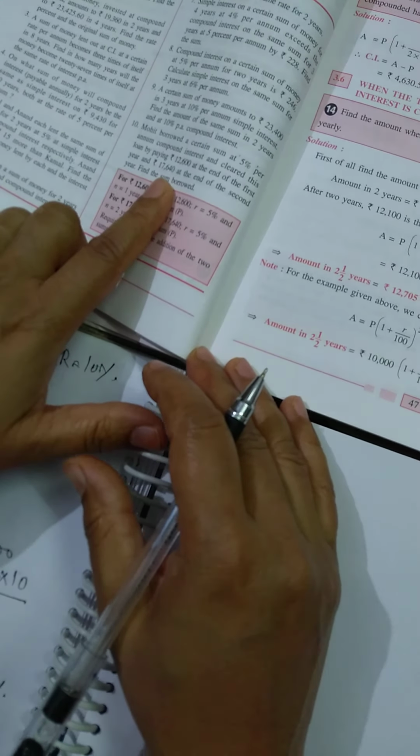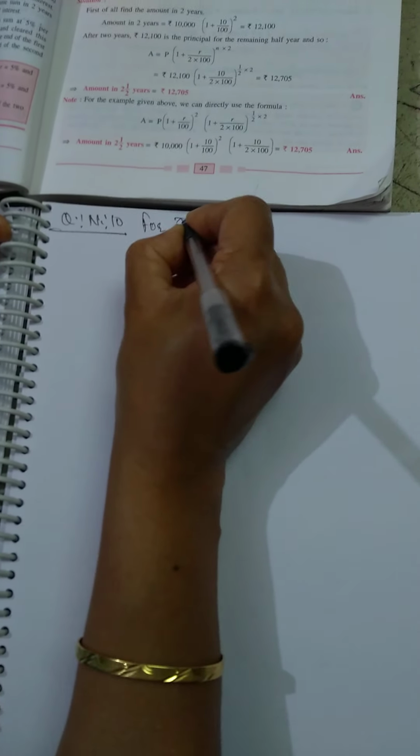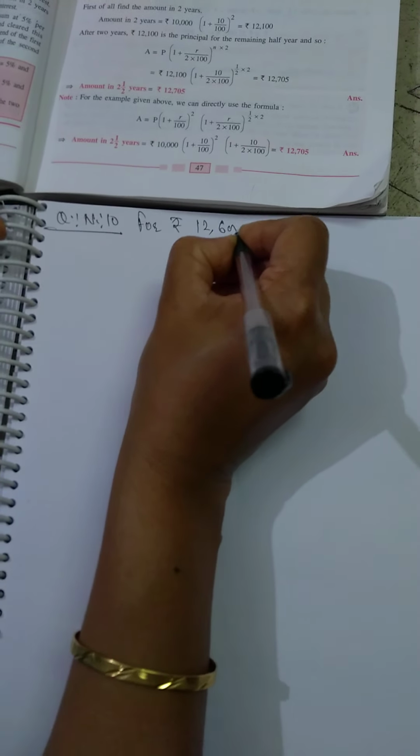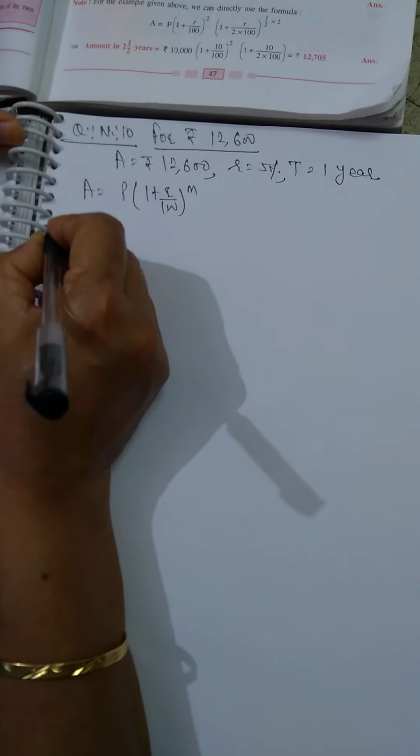Here again we have two cases. For first case, for rupees 12,600, if amount is rupees 12,600, rate is 5%, time is 1 year. Apply the formula. Put the value.